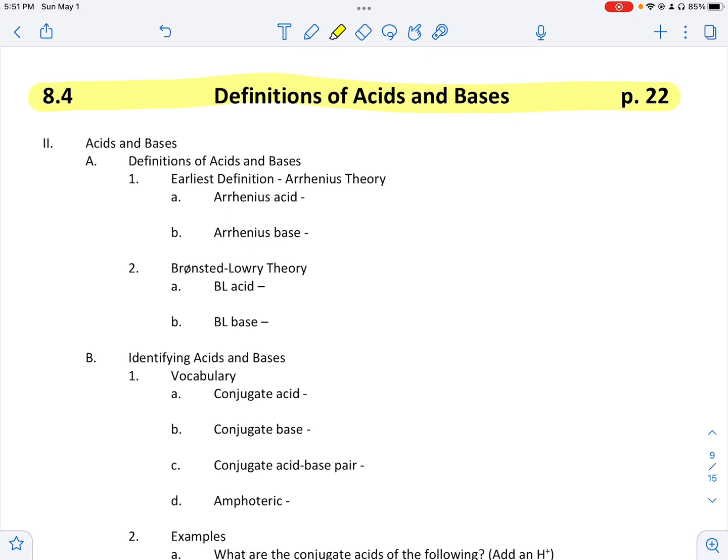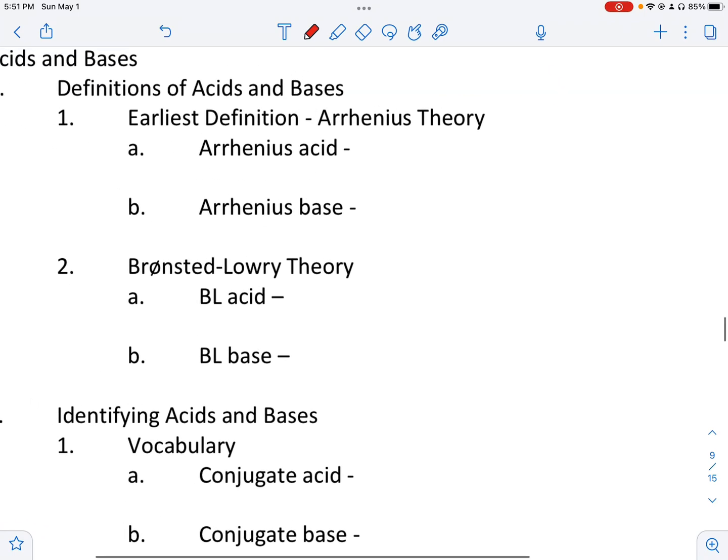There are actually officially three definitions of acids and bases, but we're only going to cover two in this class. Our earliest definition of an acid was the Arrhenius definition. Arrhenius did a lot of work with solutions. He's the guy that coined the terms electrolytes and non-electrolytes.